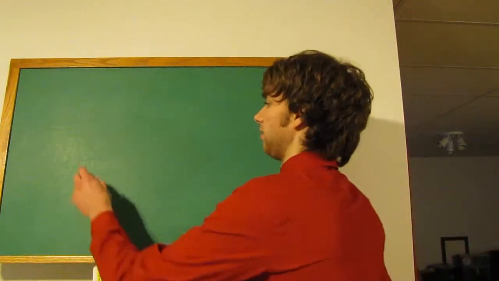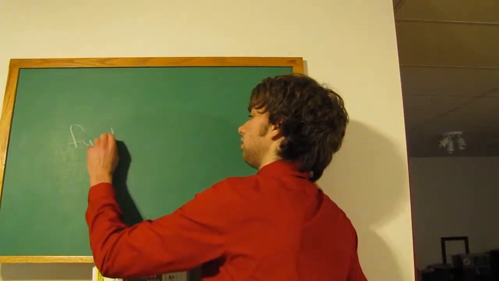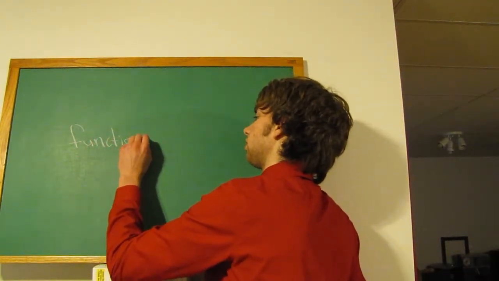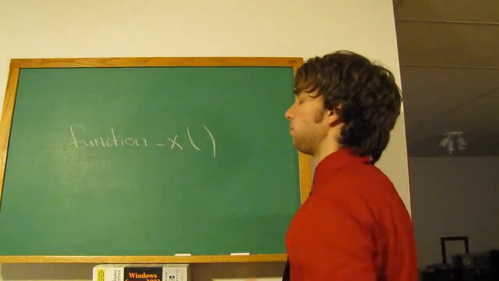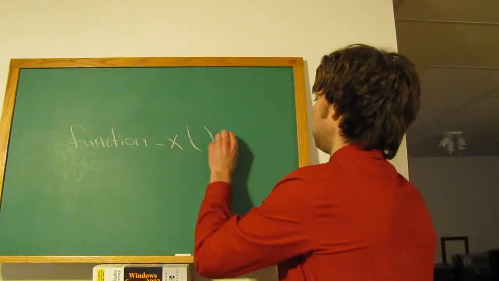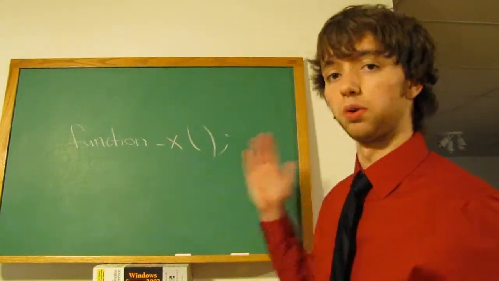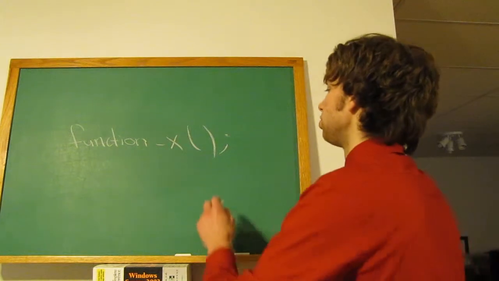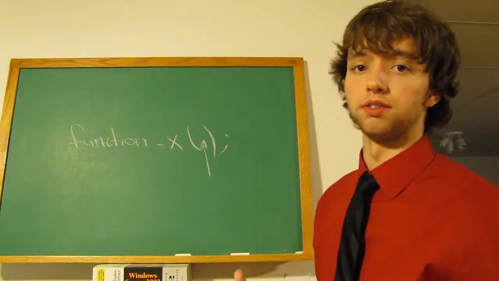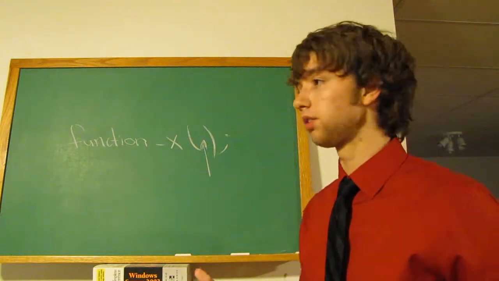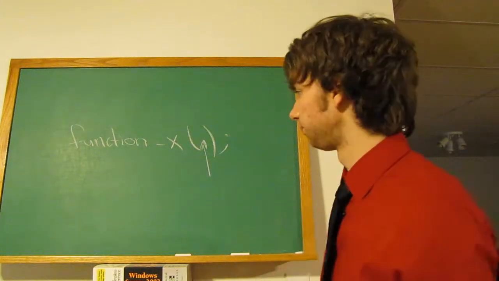Alright, anyways, sometimes when we call a function, so let's just say function x. Let's just say that's a function. We call it by putting the parentheses, and then we put a semicolon. This is going to do the junk within the function. It does not always require something within the parentheses. When it does, we have specific terms for what those are.